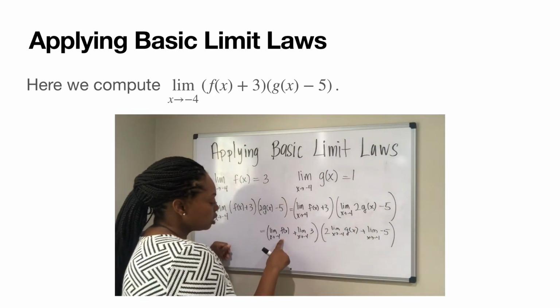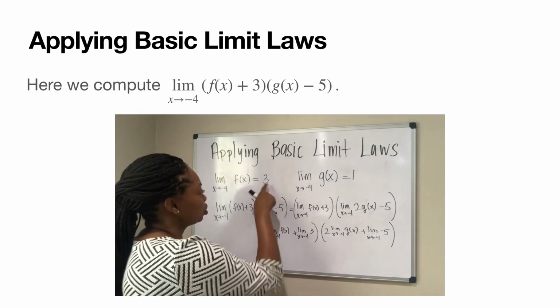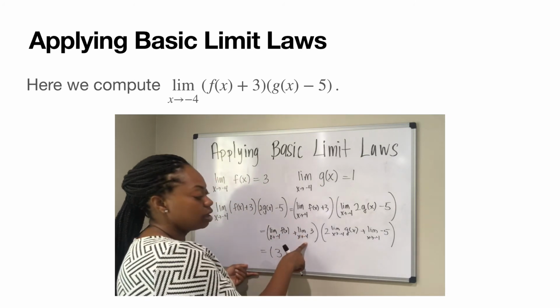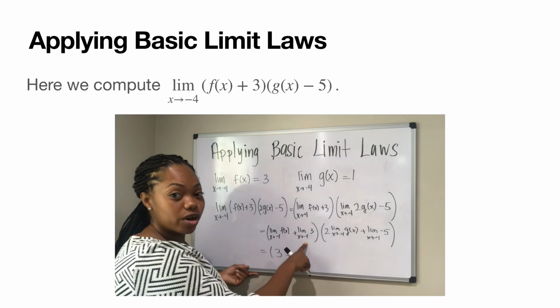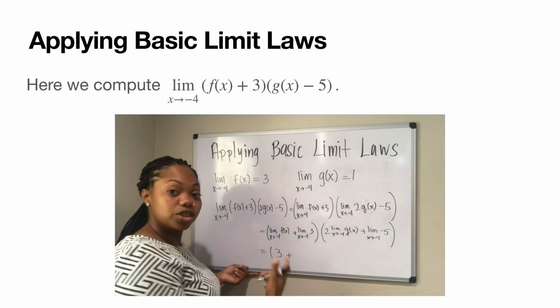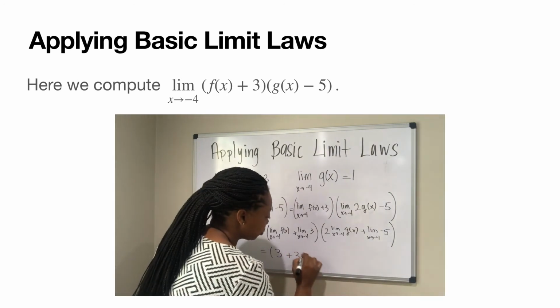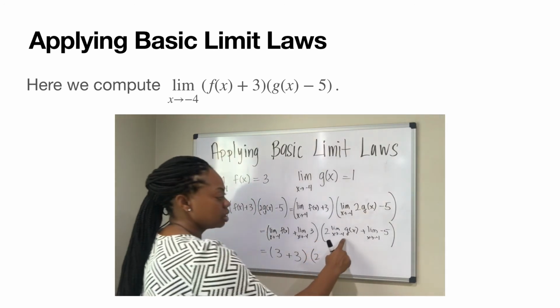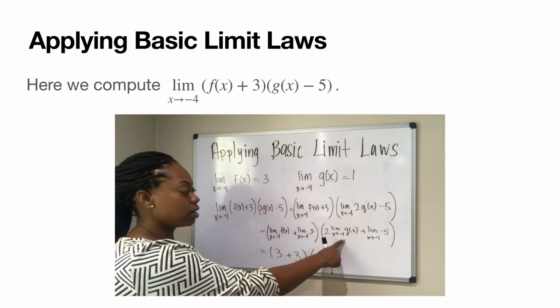The limit as x approaches -4 of f of x is 3. So we get 3 plus the limit as x approaches -4 of the constant function 3 is just 3. So here we'll get plus 3 times 2. The limit as x approaches -4 of g of x is 1.